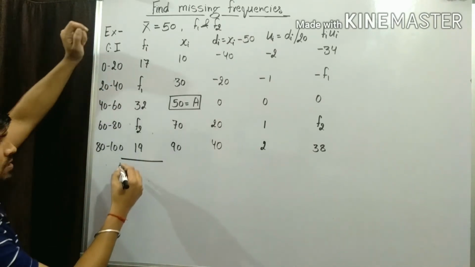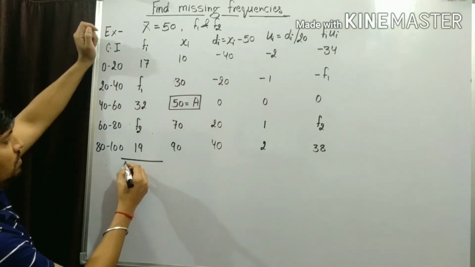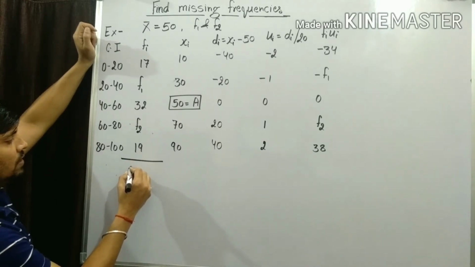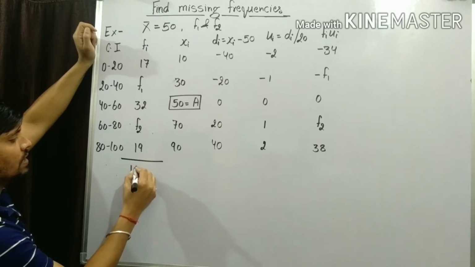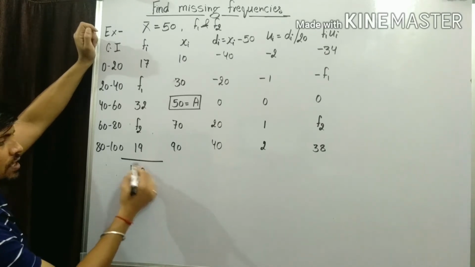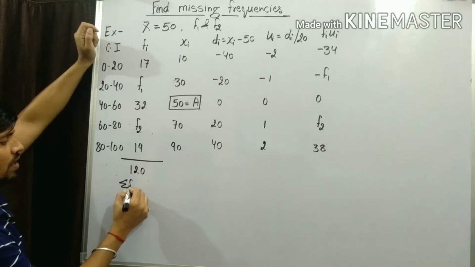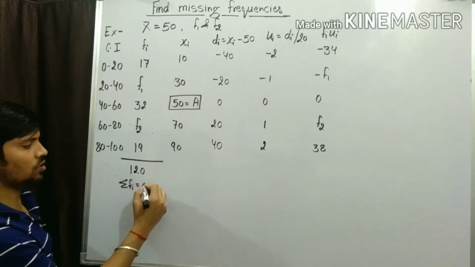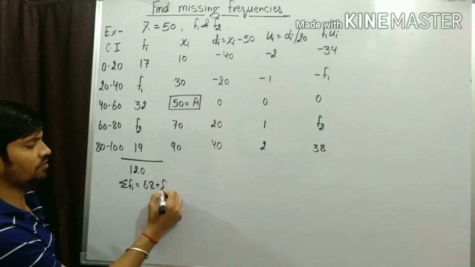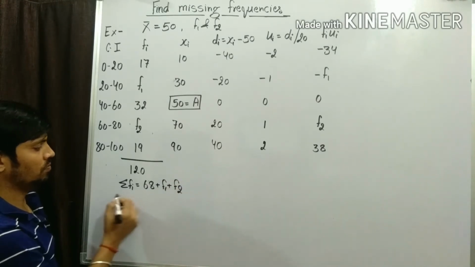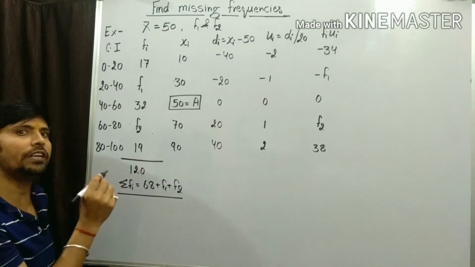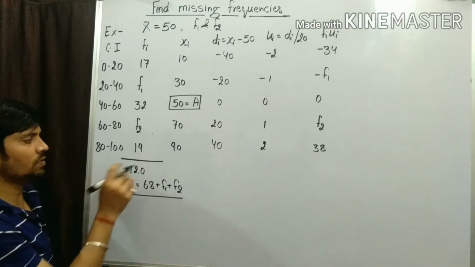Now we will add all the fi. The sum of all the frequencies is given as 120. This is given in the question, that's why I have written it here.